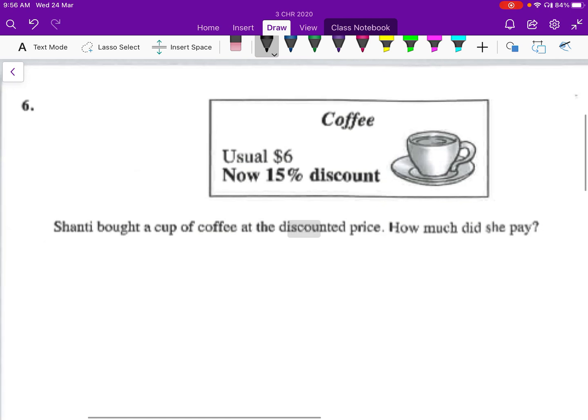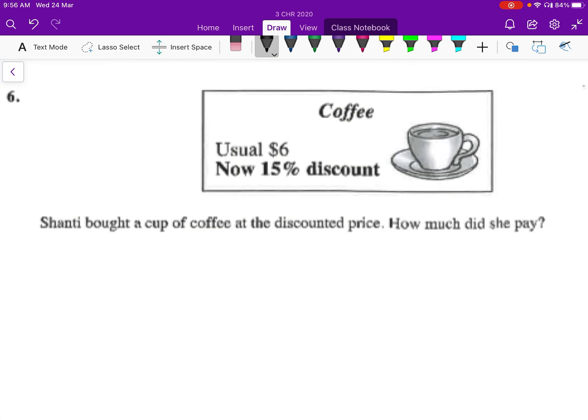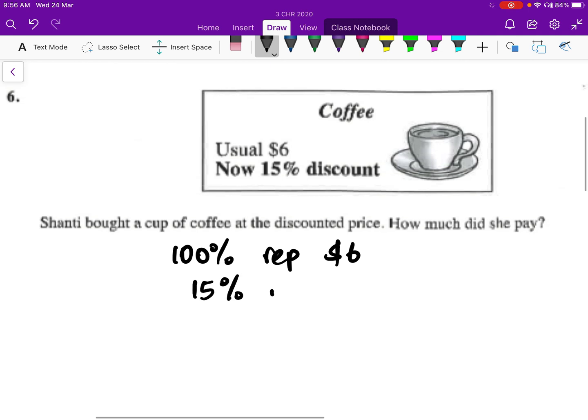Okay, coffee, usual price $6, now 15% discount. What is the amount that she paid? This is a real life question. We could see that. Okay, so 100% represents $6. How much did she pay? You can either find the discount first or you find the final answer. But I want to do it part by part. So 15%, that is our discount.